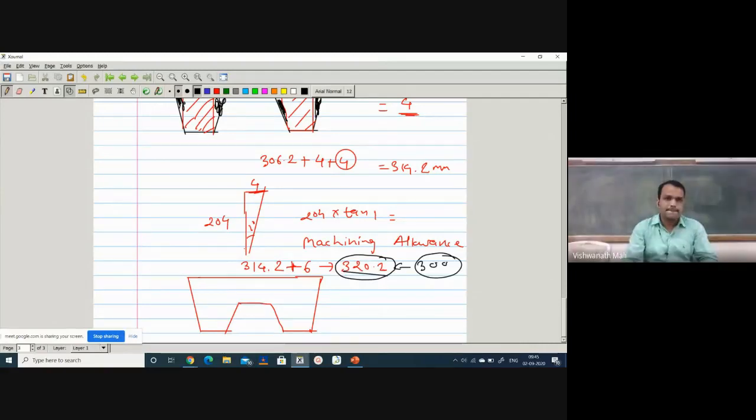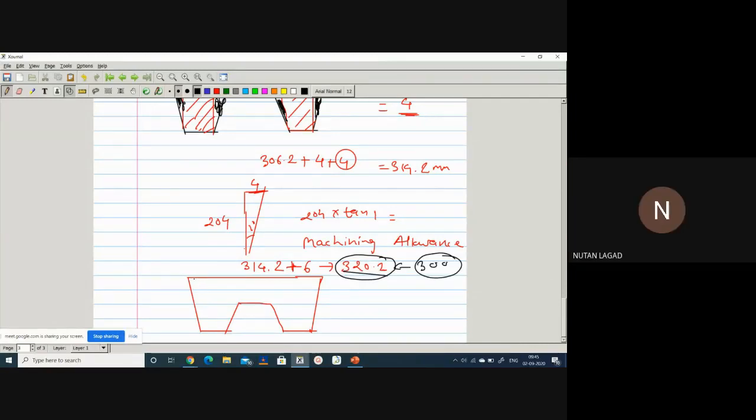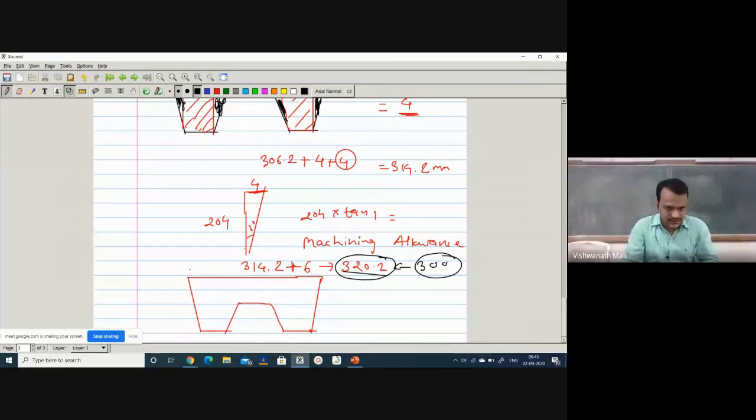Yes, 6 is for external dimension, it means outer surface. Yes, same thing. Internal surface, we need to minus it. Remember that whenever there is a hole and internal surfaces, we need to minus it. And whenever there are external surfaces, we need to add the machining allowance, shrinkage allowance, and draft allowance.